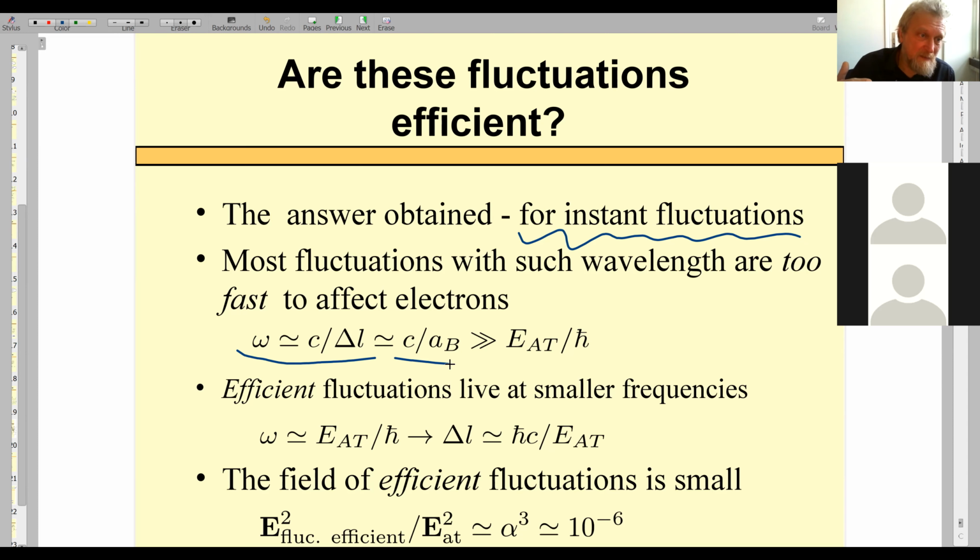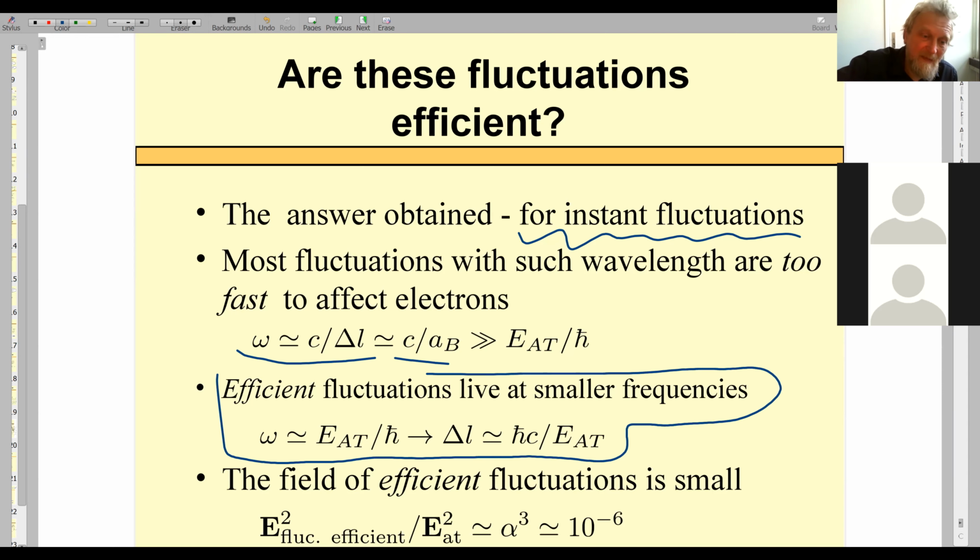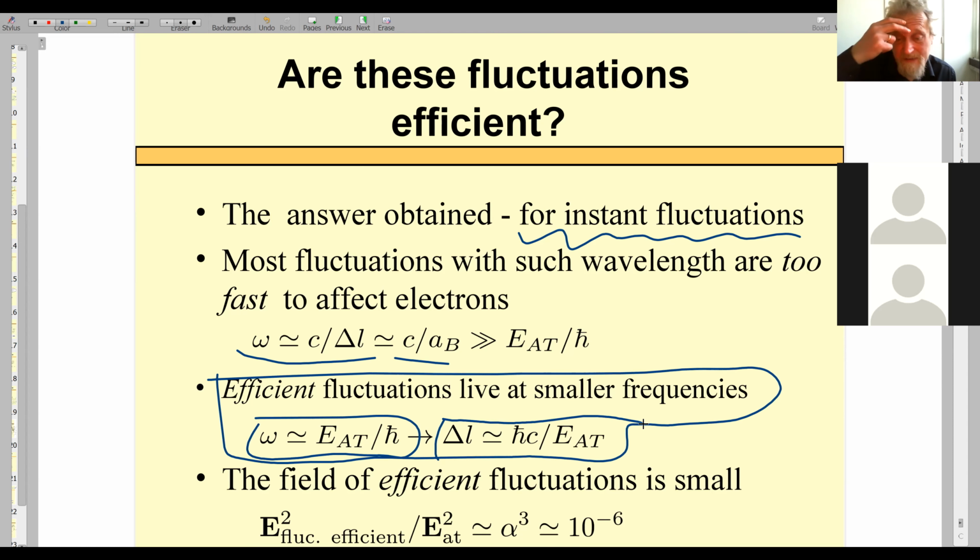It means that most frequencies of this fluctuating field just do not affect anything about the behavior of electrons. They're too fast. Efficient fluctuations are at much smaller frequencies. As we discussed, they have to be confined to atomic frequency. So, in fact, one needs to estimate these fluctuations at a very different length scale.